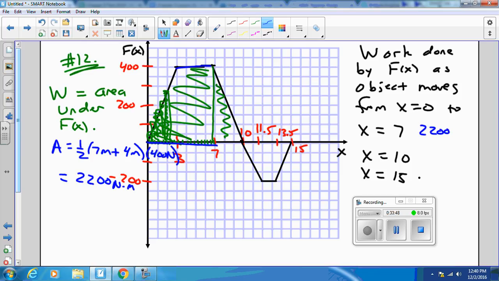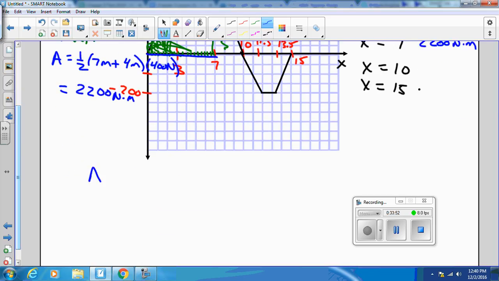So from 0 to 10, this is the language that we want to use to describe our work. I'm going to describe it as the area from 0 to 10.